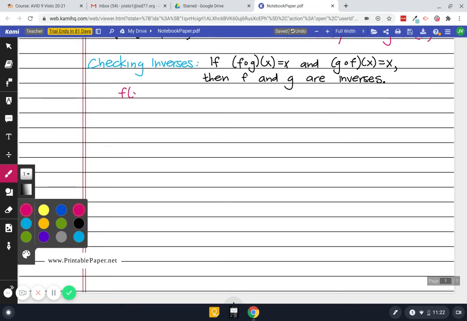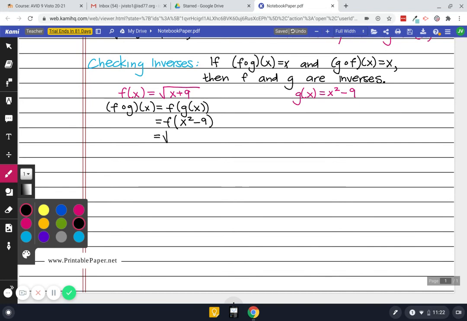Function number one is f of x equals the square root of x plus 9. G of x equals x squared minus 9. Okay. The first thing I have to check is the fog. Fog x. Remember, fog means f of g of x. And that means that g of x, that function, is going into f.